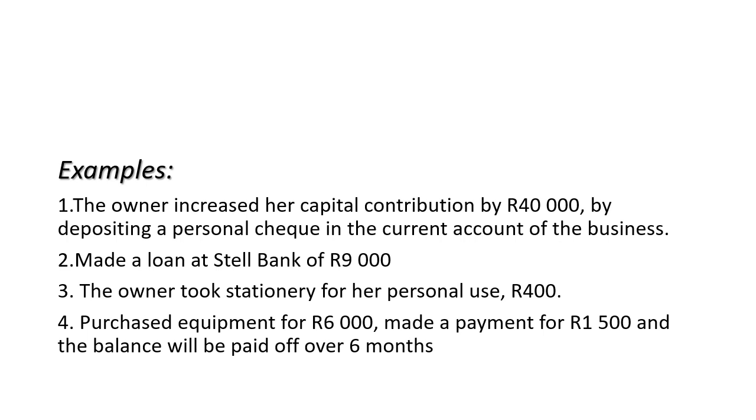And going on to number 4, purchased equipment for 6,000, made a payment for 1,500 and the balance will be paid over 6 months. In this case, there are 3 accounts that are affected.